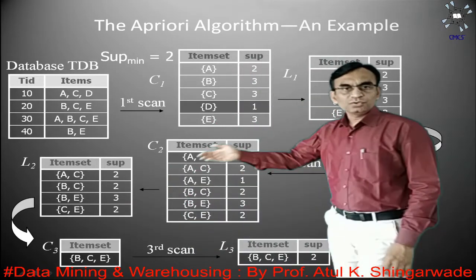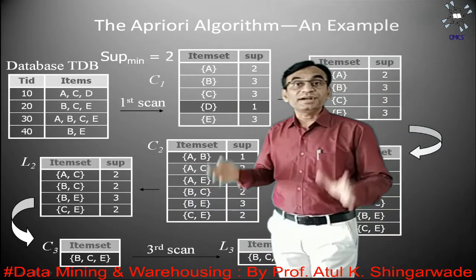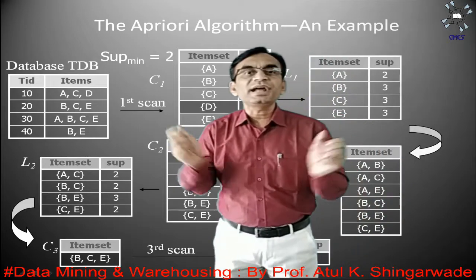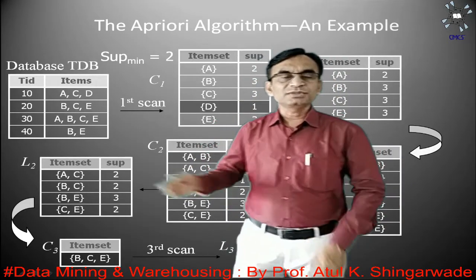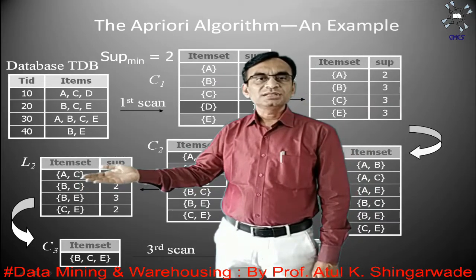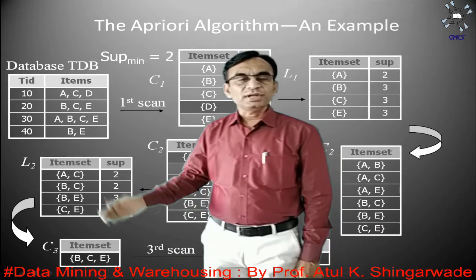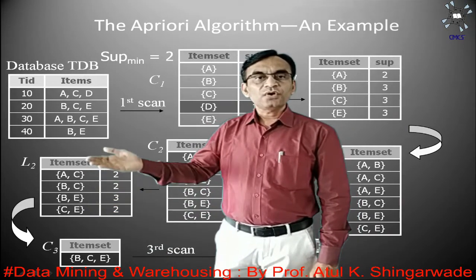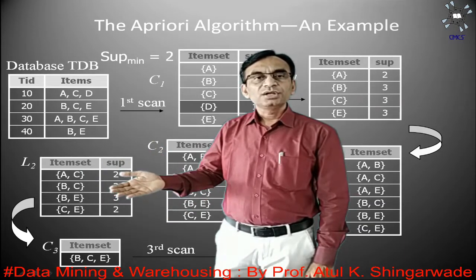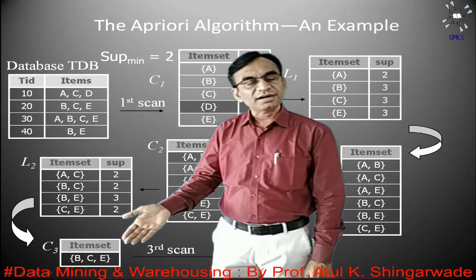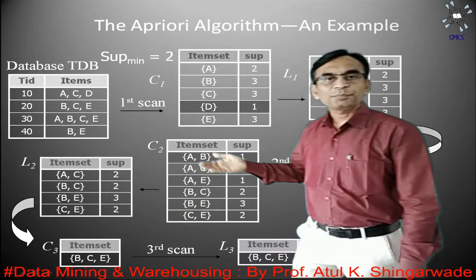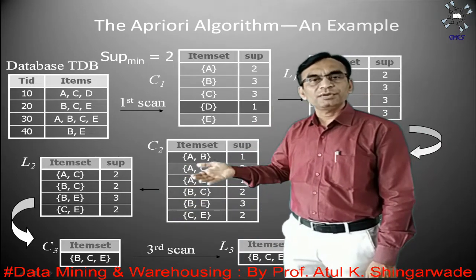Now, after this L2, we have to calculate L3, and while calculating L3, we have to combine three items from this given one. If we observe here, we have A, B, C, and E. There is no D. So for A, B, C, and E, whatever possible combinations there are are written, as in the case of C2, the C3 will be formed, and the support count of those three-item combinations will be written.